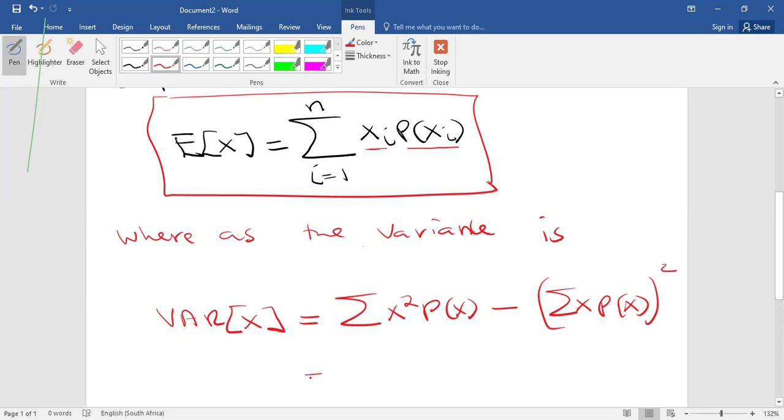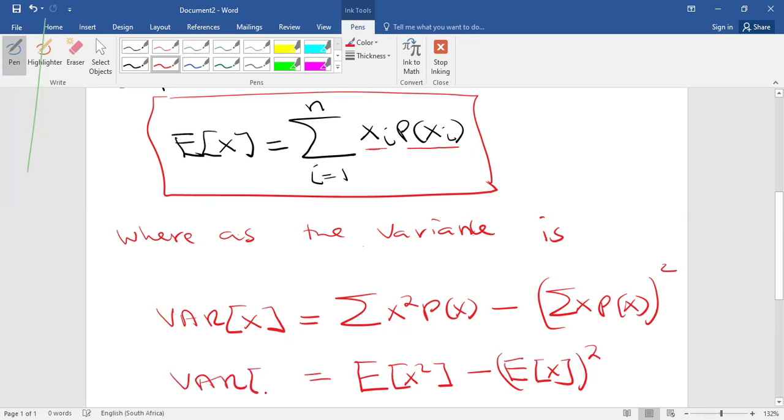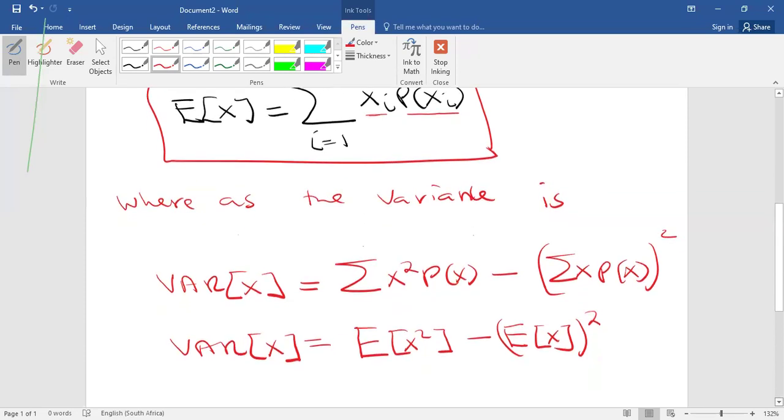This simply implies that the variance is the expected value of X squared minus the expected value of X, all squared. So this is the formula that is used for the variance of a random variable. Then we can look at some good properties.